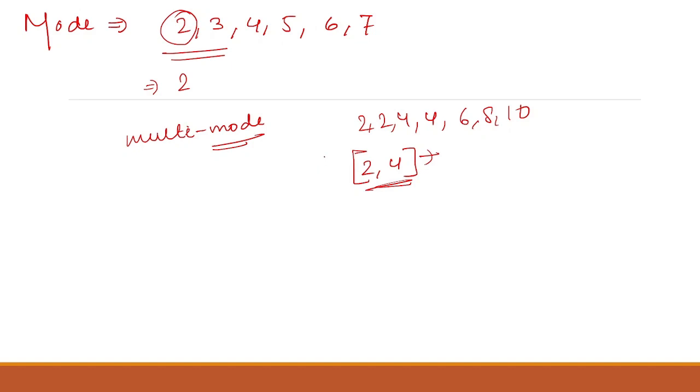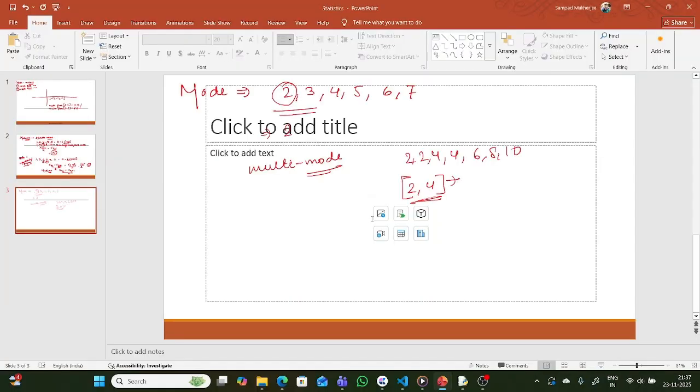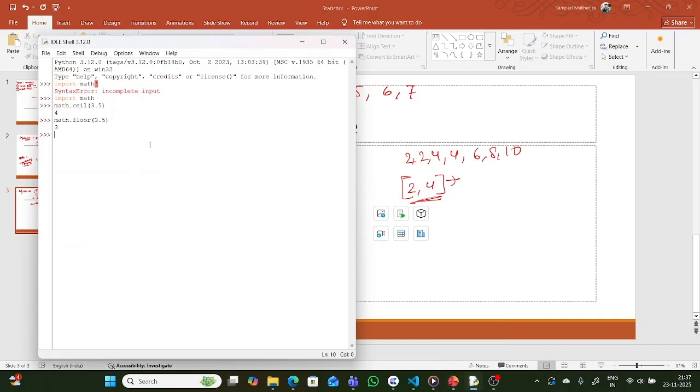So let's go to our console. What I can do is write L equals to, or list equals to, suppose 2, 4, 6, 8, 10. I'm just arranging it in ascending order only.